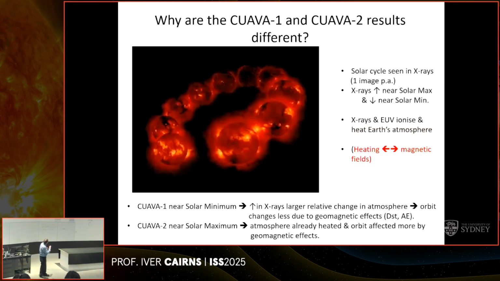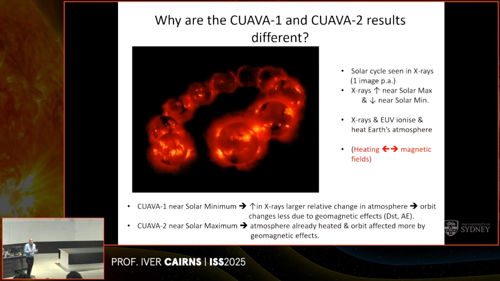CUAVA 1, this should say Inspire 2, was launched about here. CUAVA 2 and us today are here, near solar maximum. So if you have a big event here, is it going to be very different to the background at that time?